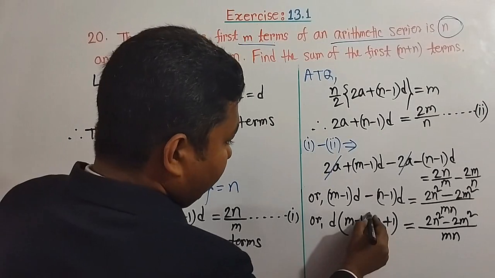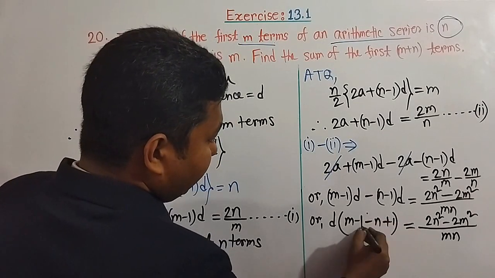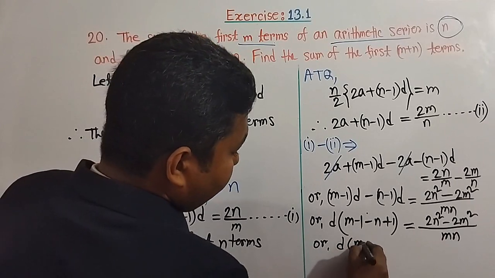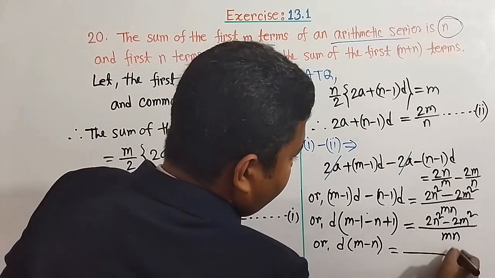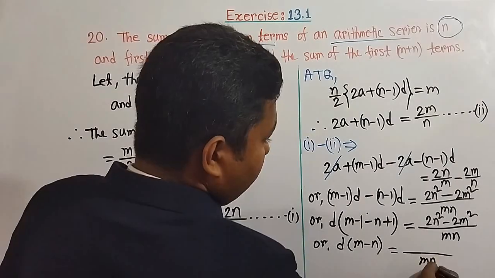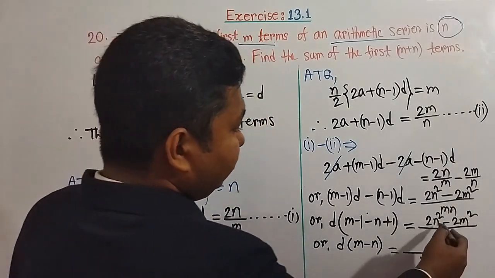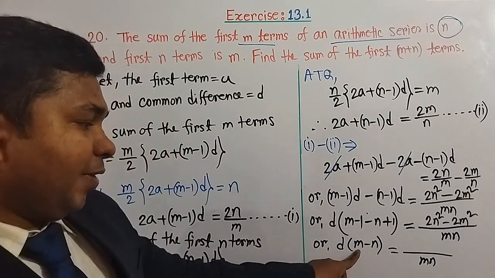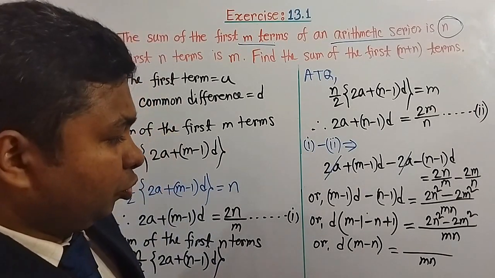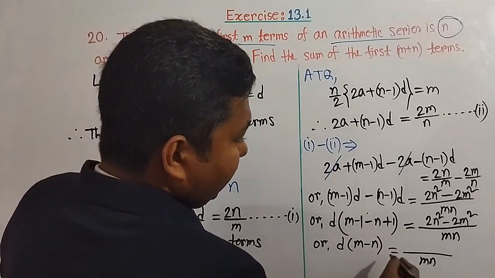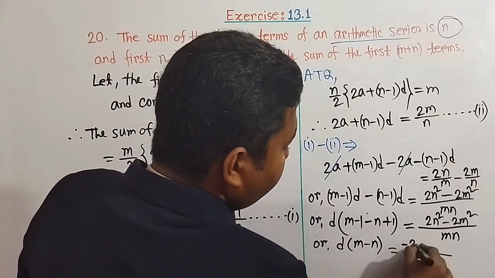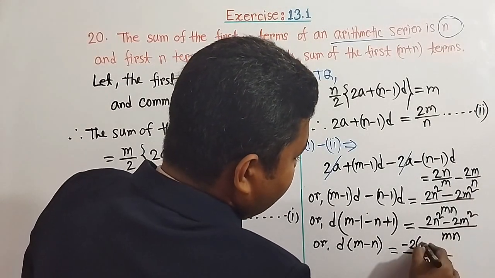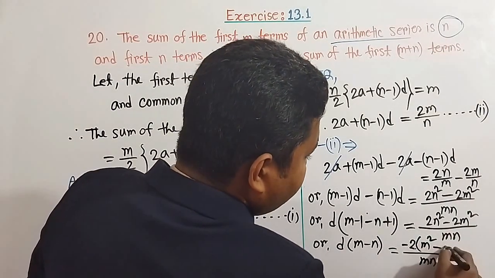Then by simple calculation, plus 1 and minus 1 cancel, so d into m minus n equal to 2n square minus 2m square over mn. Since one factor on the left hand side is m minus n, for writing in this format we take common minus 2 from the numerator, so minus 2 into m square minus n square.